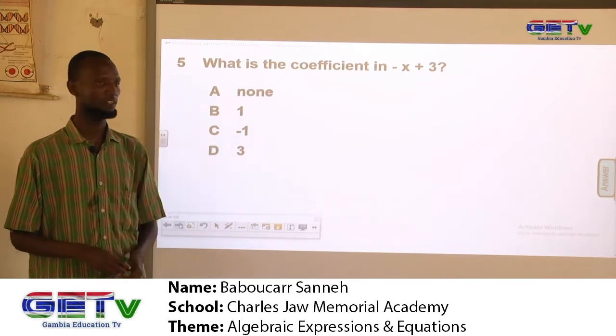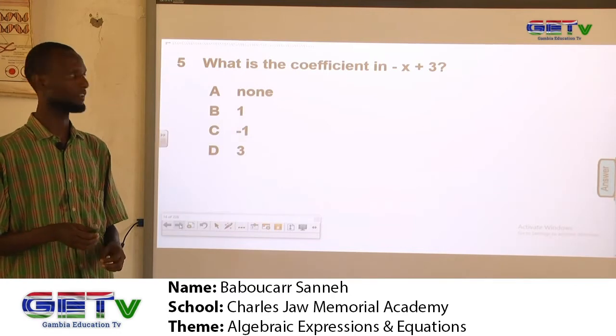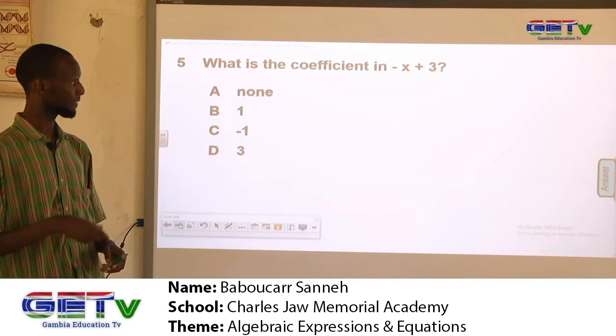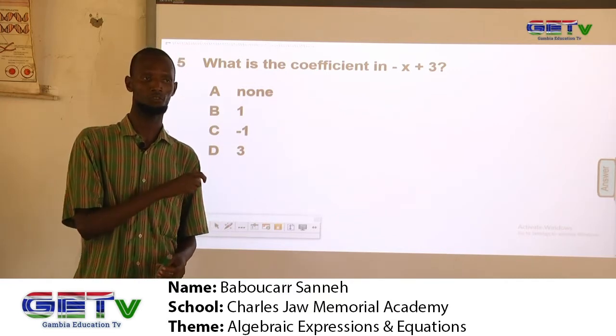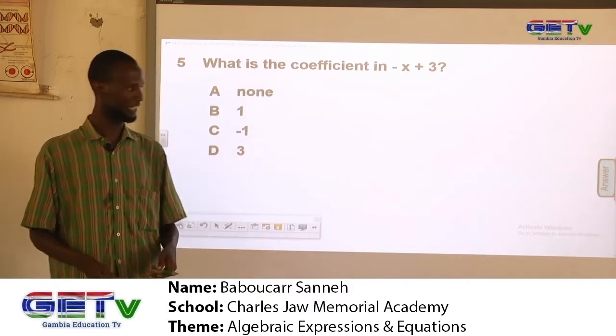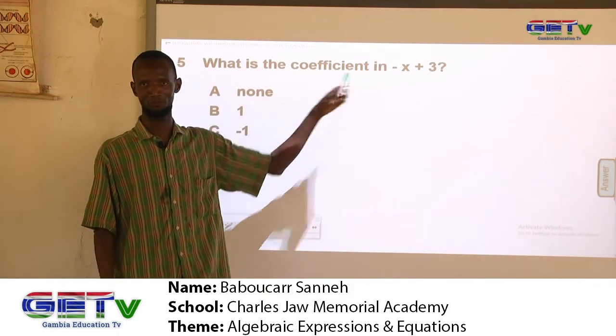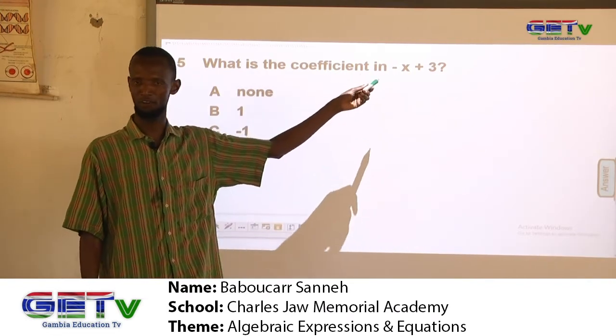Now, what is the coefficient in negative x plus 3? Remember, I did say that to locate the coefficient, focus on the variable. Once you are able to locate the variable, then the number in front of the variable will be your coefficient. But in this case, there is no number visible in front of the variable.